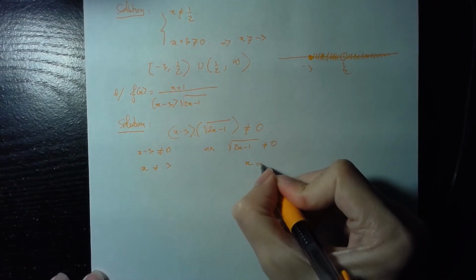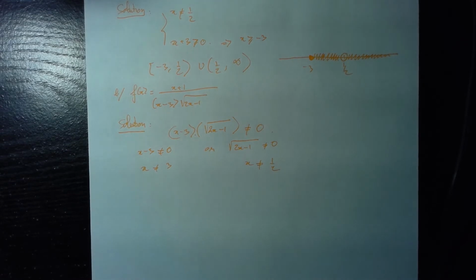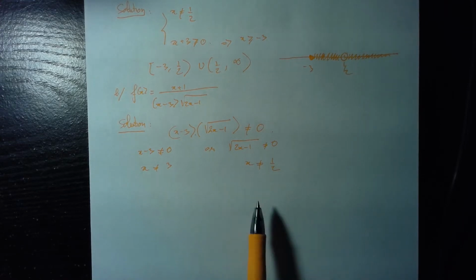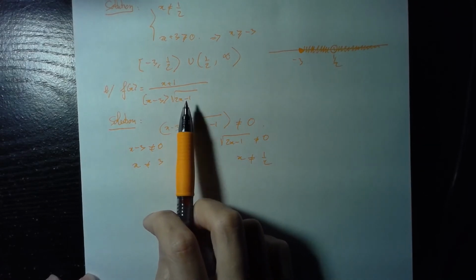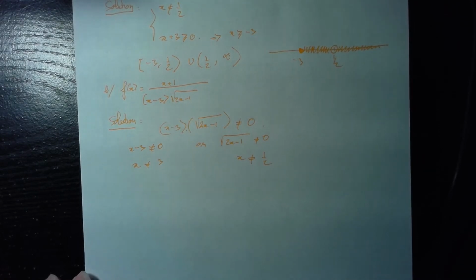1 over 2. Okay. And what else? Excuse me. So x is different from a half, and however, this is a radical. We are not allowed to have a negative number inside a radical, and we're not allowed to have 0 inside the radical.